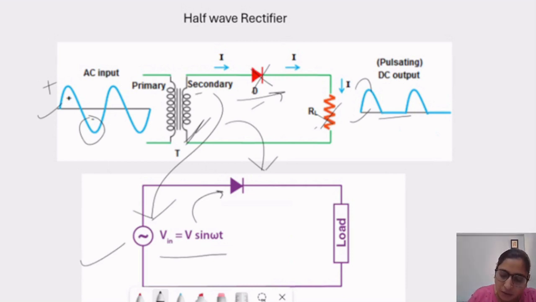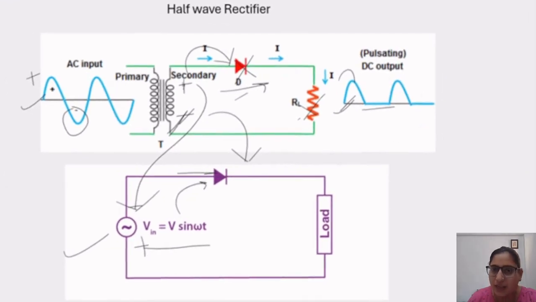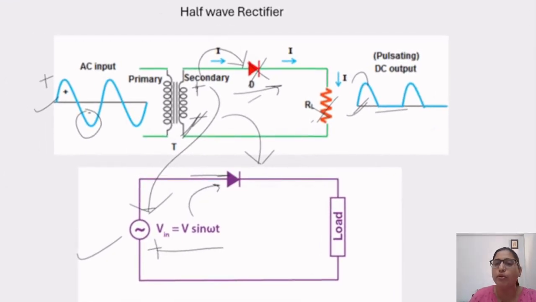When the polarity across this secondary coil is in this manner, plus and minus, this makes the diode forward biased and we are getting the output at the output node here. Now if the polarity reverses, let's suppose in the negative cycle, the diode will not work and it acts as a blocking bias. So what will we get? We will get nothing at the output. So the lower portion, or the negative half, of the input is rectified by the half wave rectifier.